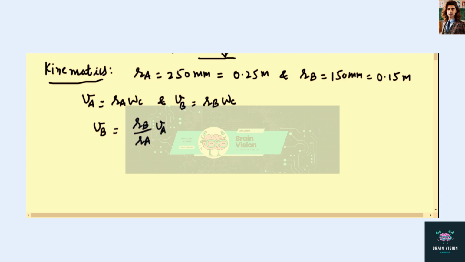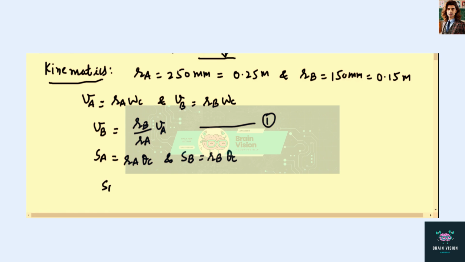So this is the constraint relation, and the constraint relation for distance traveled by A and B: distance traveled by A is equal to Ra into theta c, and that of distance traveled by B is Rb into theta c.